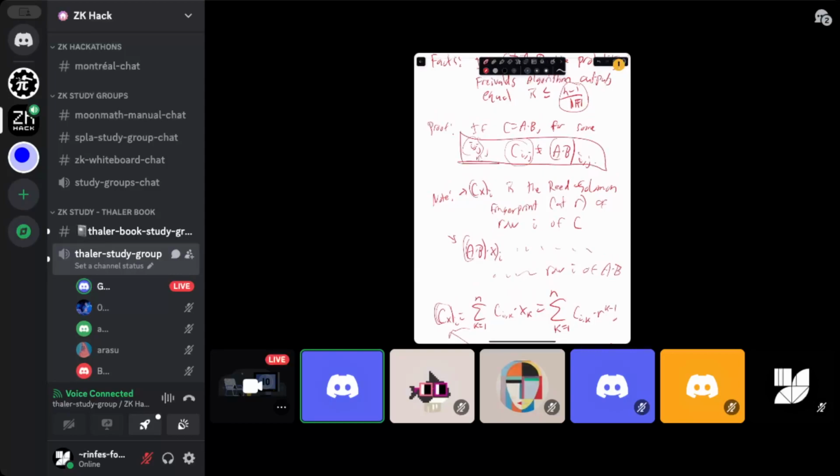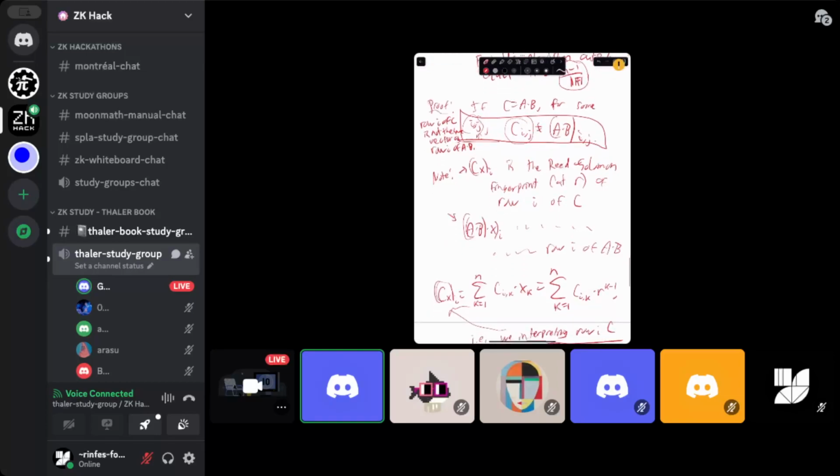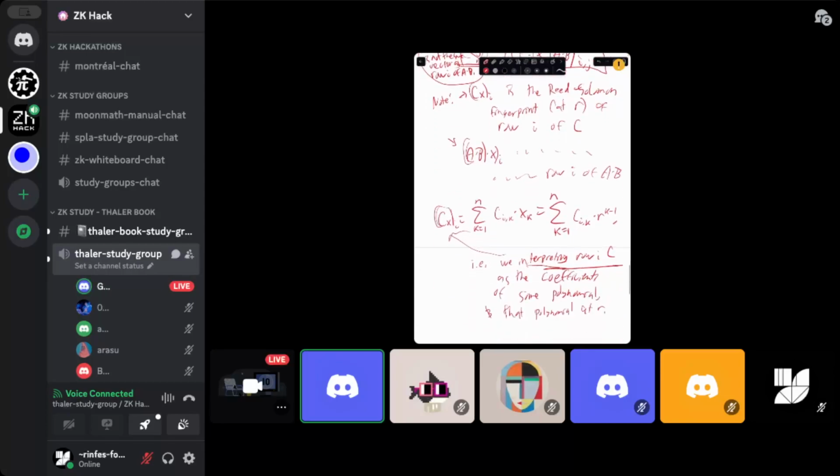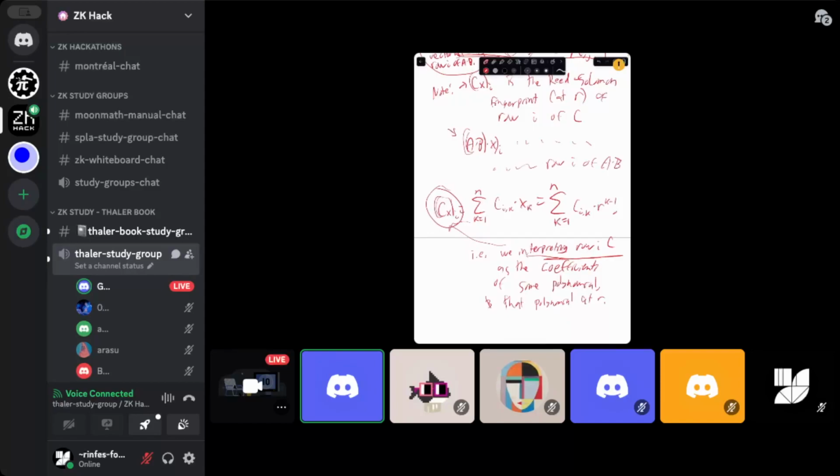What this is saying is that row I of C is not the same vector as row I of A times B. And what Freivald's algorithm is doing is just row by row Reed-Solomon fingerprints. So if C does not equal A times B, just focus on a row I where the ith row of C is not literally the same as the ith row of A times B. Freivald's winds up Reed-Solomon fingerprinting that row, it's just the ith entry of C times X.